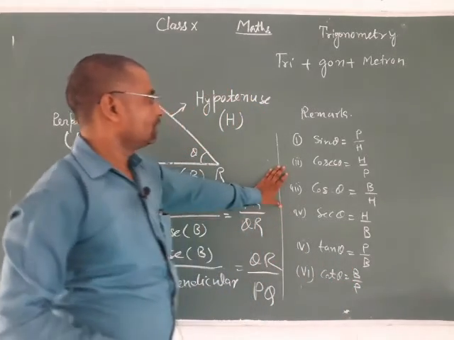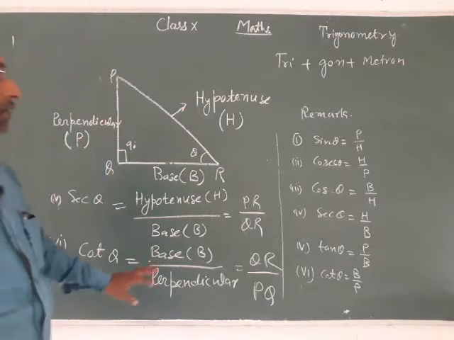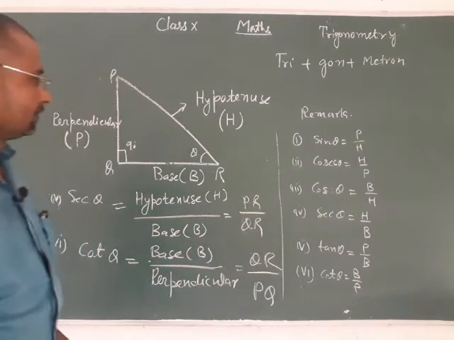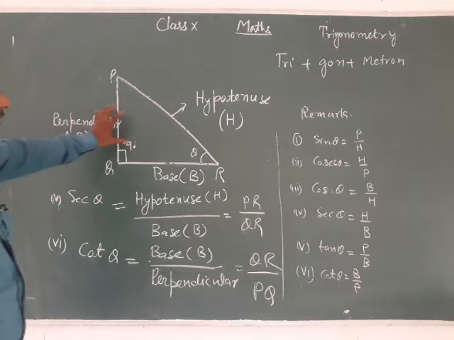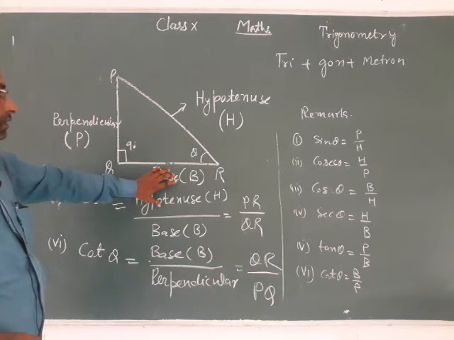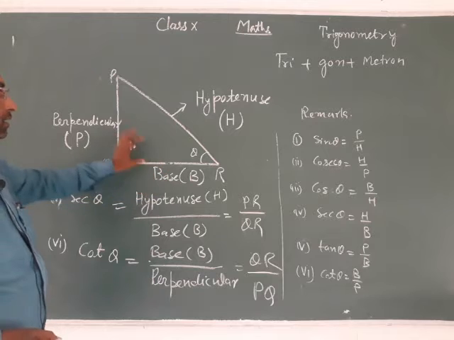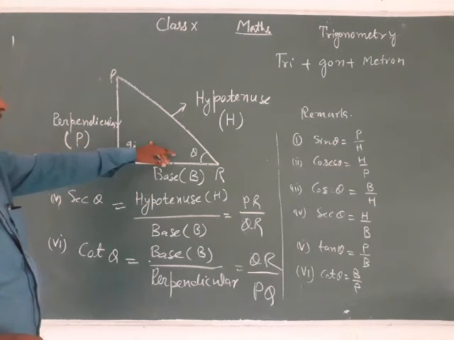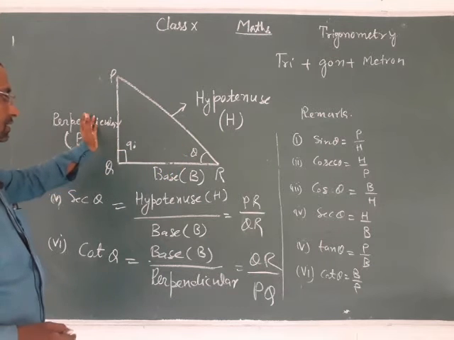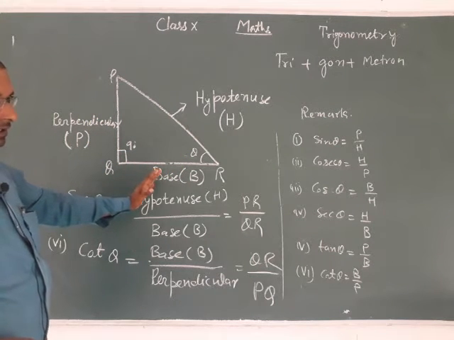Learn this, and according to these formulas you can solve for the sides. If two sides are given, you find the third side, and you can also find the angle using these ratios.